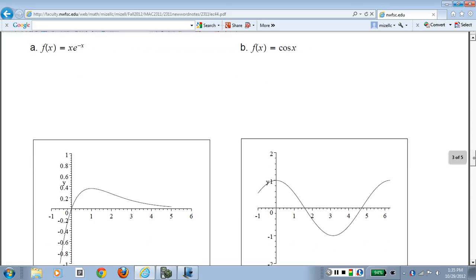Cosine x. What is the first derivative of cosine x? Negative sine x. And take one more derivative. What's the derivative of negative sine x? Negative cosine x. So the second order critical numbers for cosine x are exactly the zeros of cosine x.